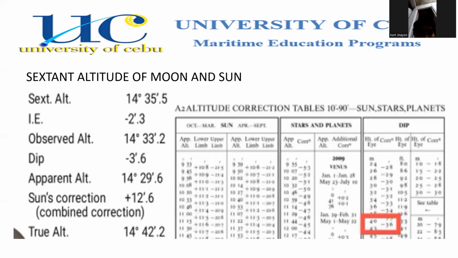Apparent altitude is 14 degrees 29.6 minutes, and the sun's correction from the nautical almanac is plus 12.6 minutes combined correction. So the result, or the true altitude, is 14 degrees 42.2 minutes. Next slide.